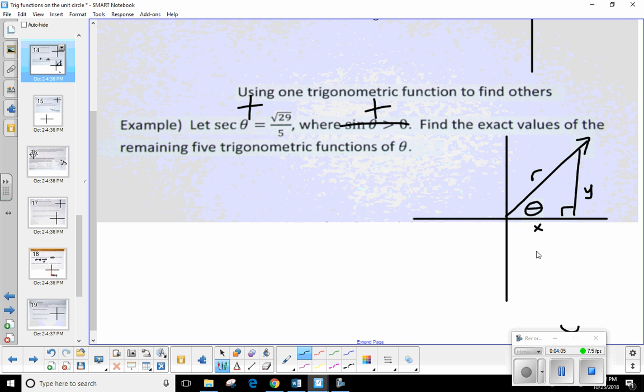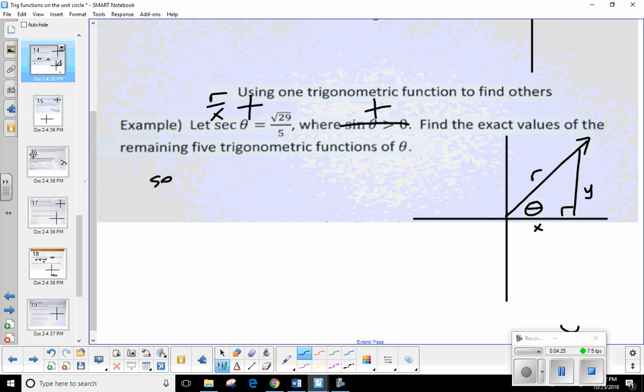Well, what is secant's ratio? Oh, not y over r. Okay, it's r over x. There we go. Secant is the reciprocal of cosine, so its ratio is r over x. Well, compare that to what you're given.